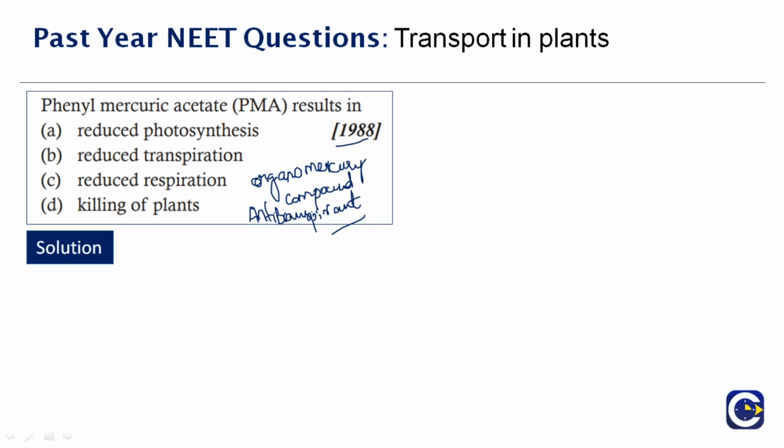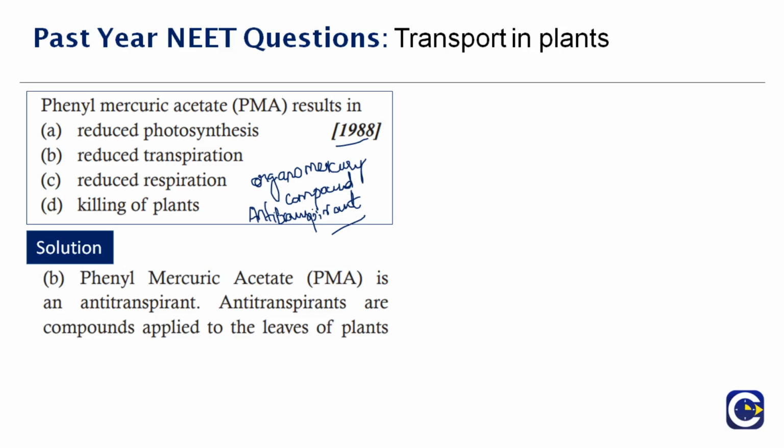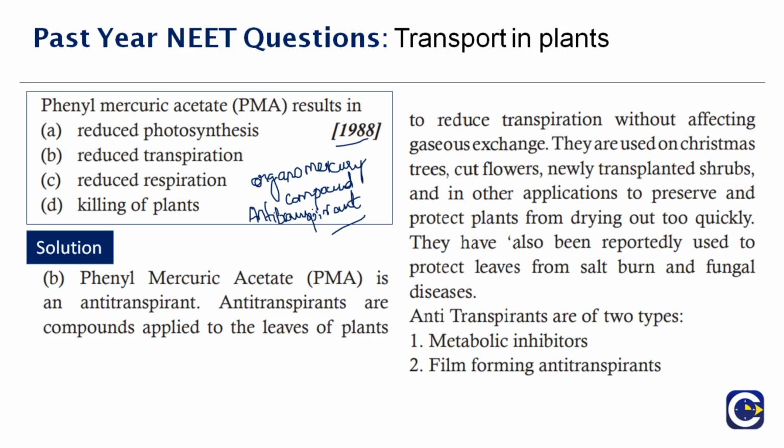Anti-transpirants are of 2 types. One is metabolic inhibitors and the other is film forming anti-transpirants. So here you need to remember one thing: PMA is used as an anti-transpirant.